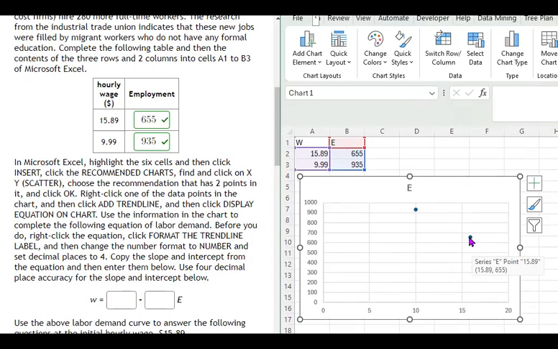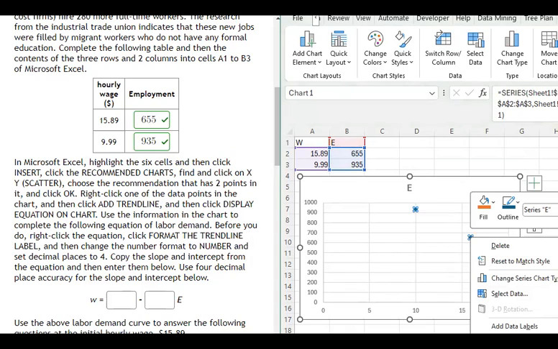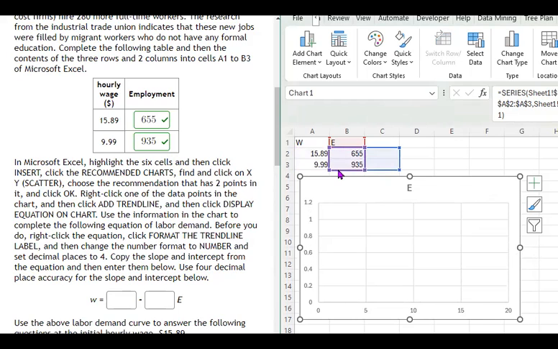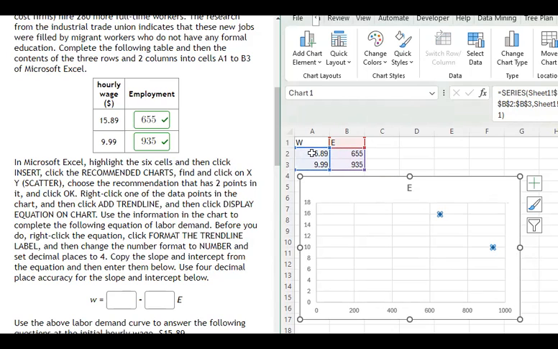The way we can do it with the Excel scatter plot tool is we can right-click on this point and add a trend line. Oh, one real quick thing here. I got these backwards. One thing we can do to fix that is drag these around so that W is the thing that we're predicting and our independent variable is employment level.